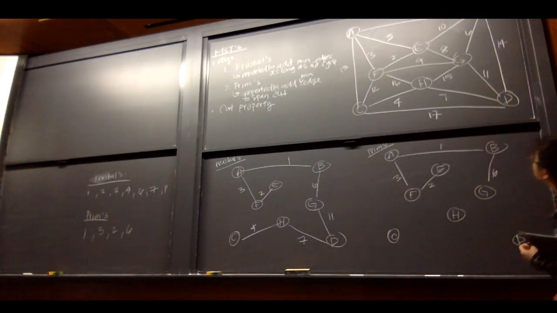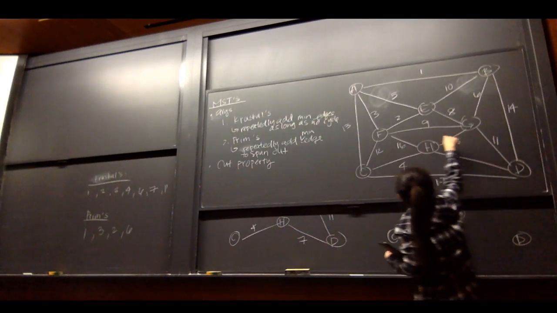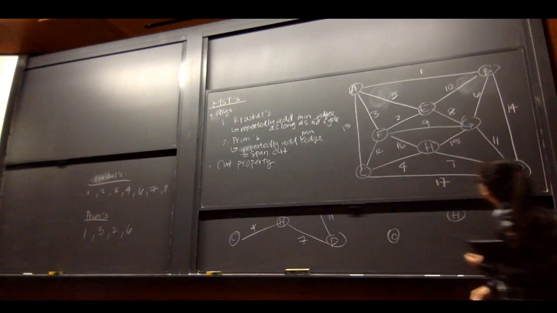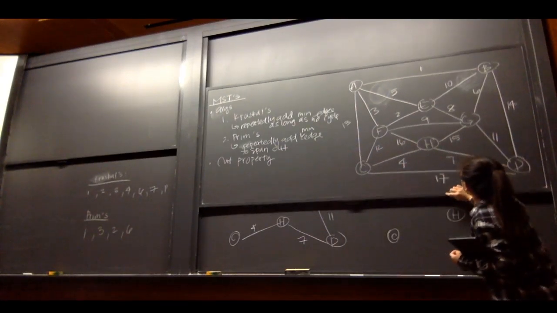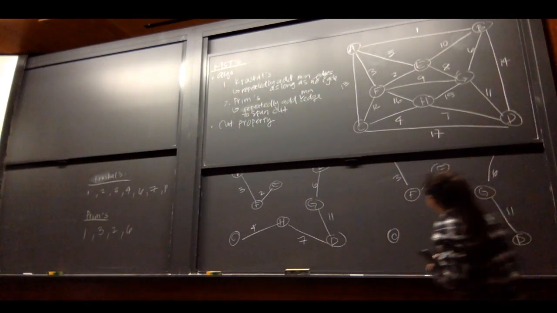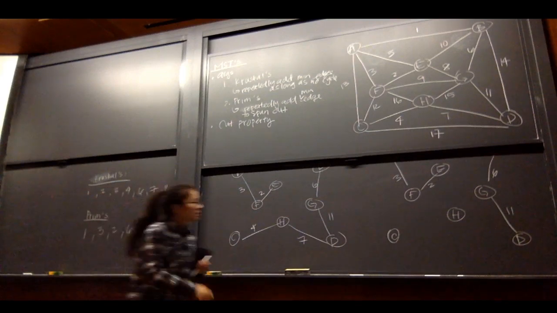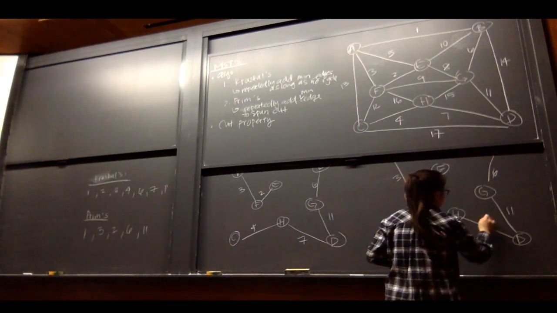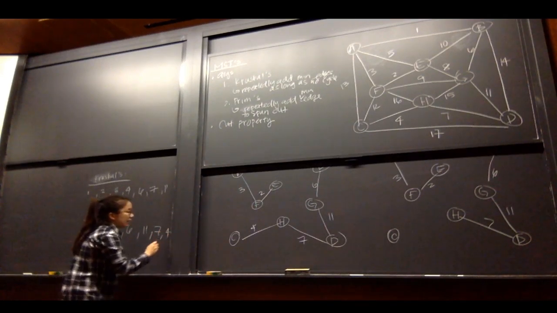What's next? So I'm looking across this cut now. What's the smallest one? 11. Good. And what's after? 7. Nice. And then finally 4, right? Great.